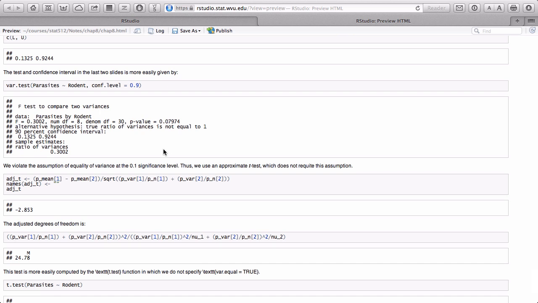We had fairly small sample sizes, particularly for the one group. So we fail to reject here, although we would reject at the 0.1 level, we just don't reject at the 0.05 level. So it's kind of in that range where you might reject, or you might think something is wrong. But the problem is that we have low power.